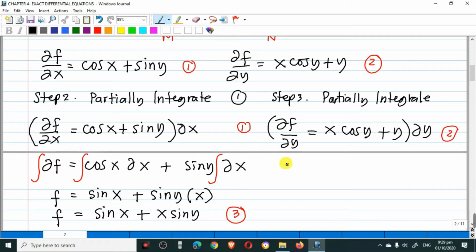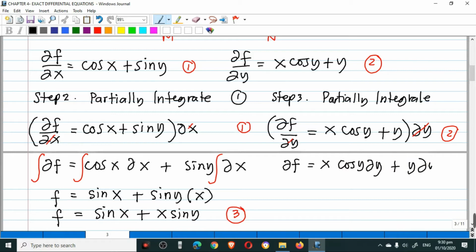This is now equal to the partial derivative of the function, since the denominator cancels out. Distribute the partial derivative of y inside the parentheses: x cosine of y multiplied by the partial derivative of y, plus y multiplied by the partial derivative of y.